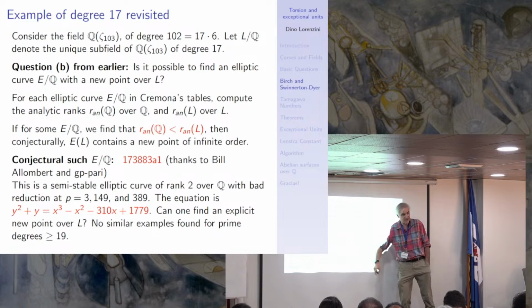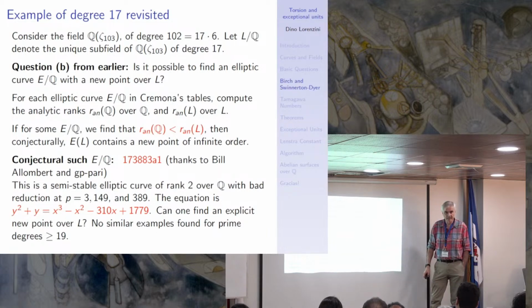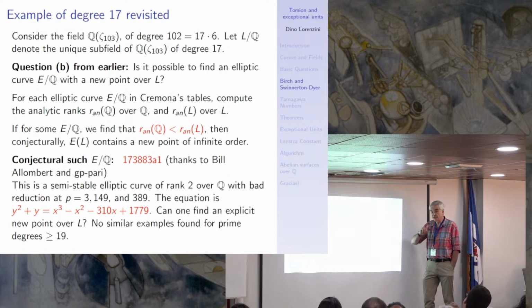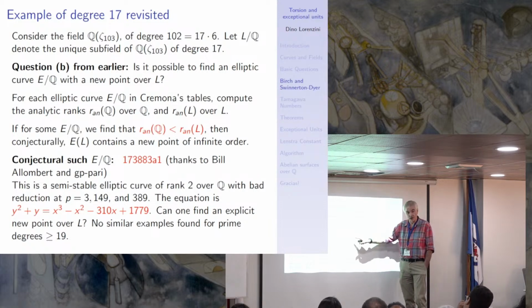No, I don't know. So are you making a point that because of Galois conjugates, the rank over L is like 16 or something? Right, so this is going to jump a lot when it jumps because of the Galois action. So you have to be careful numerically, because it vanishes to a very high order.